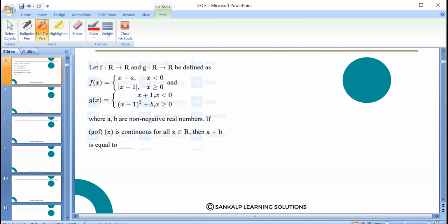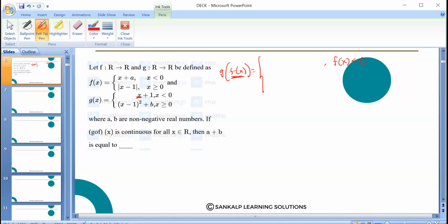So first we will take g of f of x, piecewise function. First we will bother about f of x because f of x is the inside function. When f of x is less than 0, this inside one is less than 0, what will we have in g?